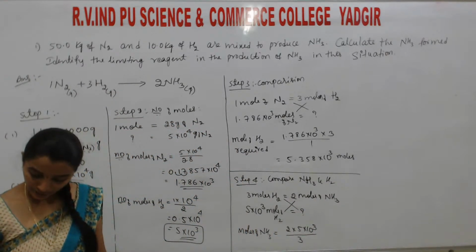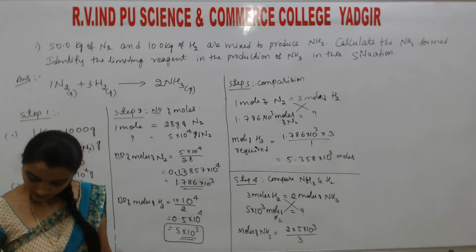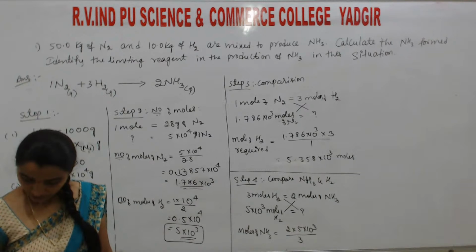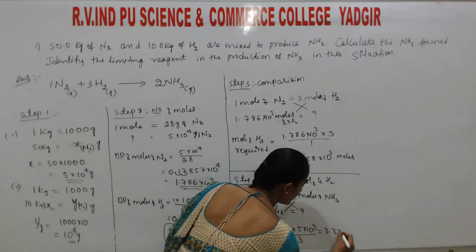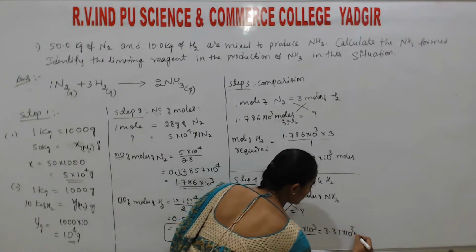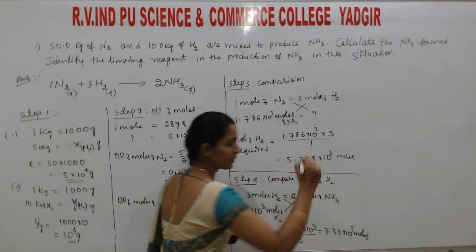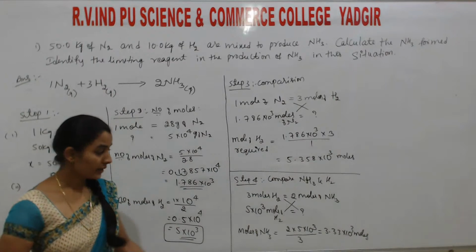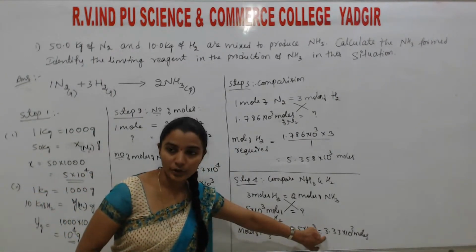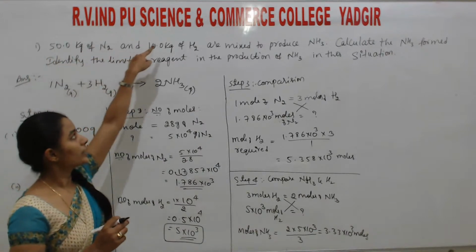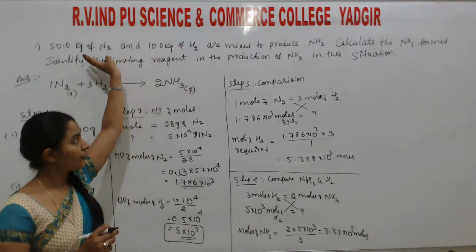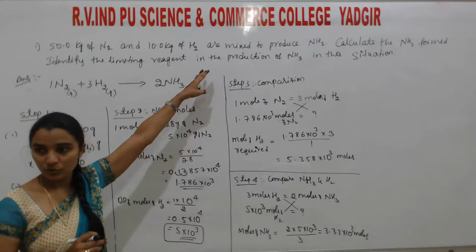Okay, that is 10 divided by 3, which means we will get approximately 3.33 into 10 power 3 moles. This much of NH3 is produced when it reacts with 50 kg of N2 and 10 kg of H2.